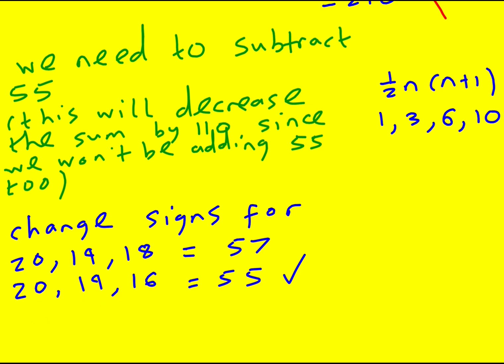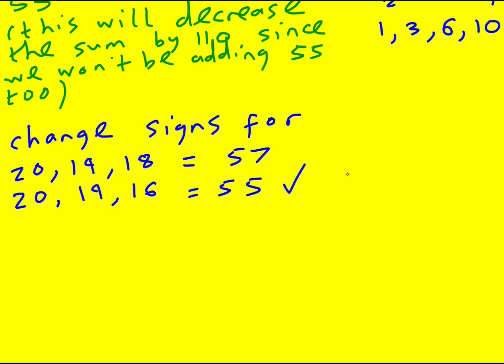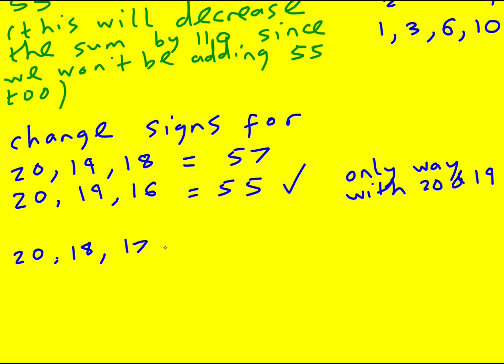Only way with 20 and 19. So now let's keep 20 and go with 18. So if I decrease this one by 1, I'm going to need to increase this one by 1.